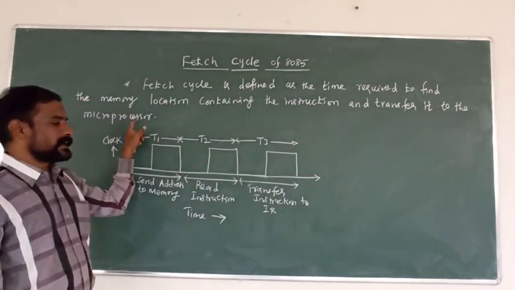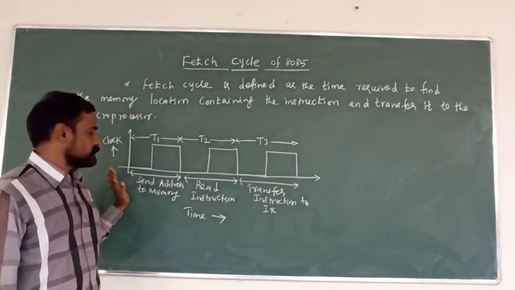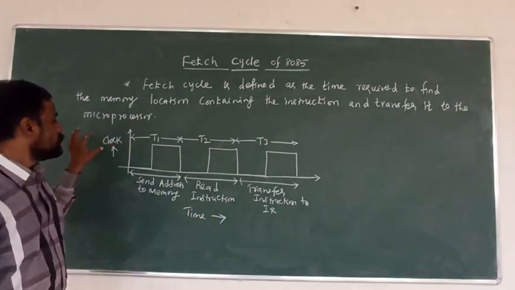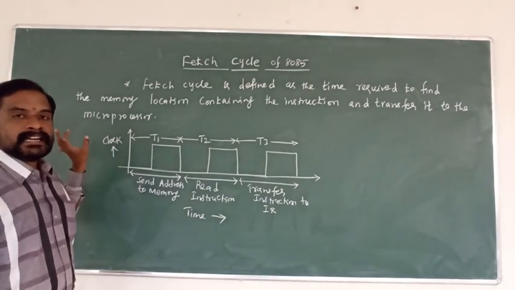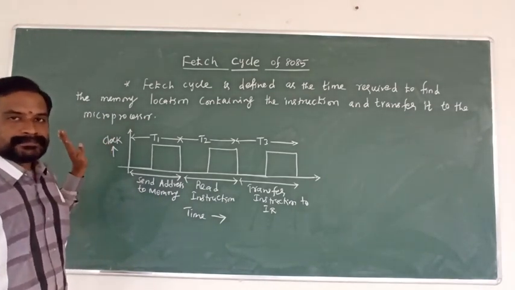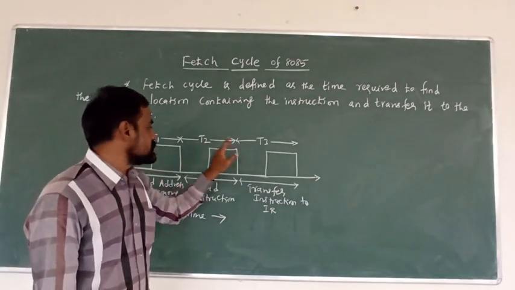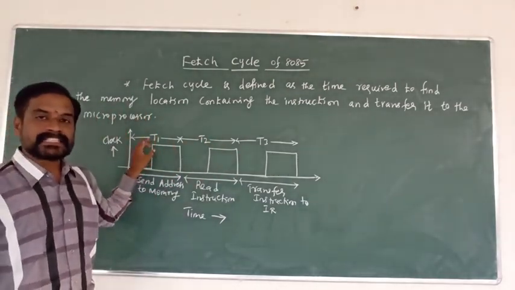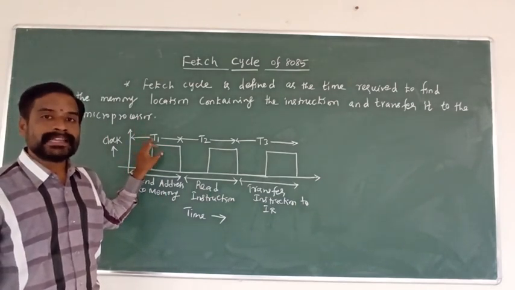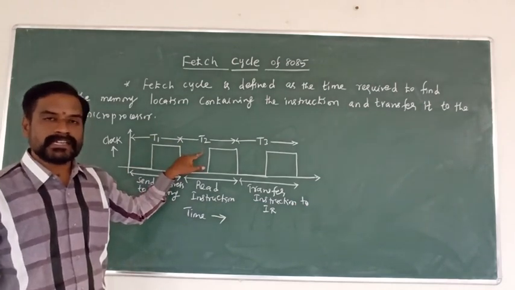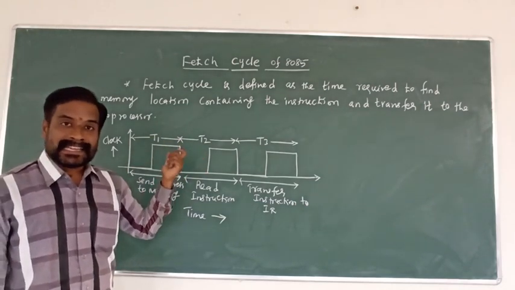Okay, x-axis is time period and y-axis is clock period. There are 3 T states, T1, T2, T3. T1 is to find the memory location of the instruction, and at that memory location there will be an instruction.